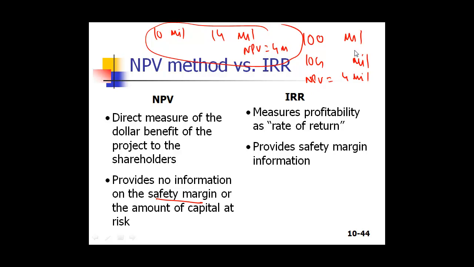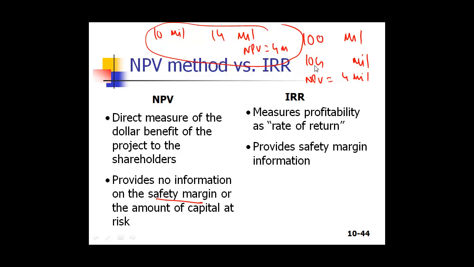Okay. What do you mean? So safety margin means that what if your assumptions are not quite right and your NPV ends up being a little bit lower. Okay, so if you had estimated present value of future cash flows as 104, but it turns out that in reality the present value turns out to be about 5% less than this.